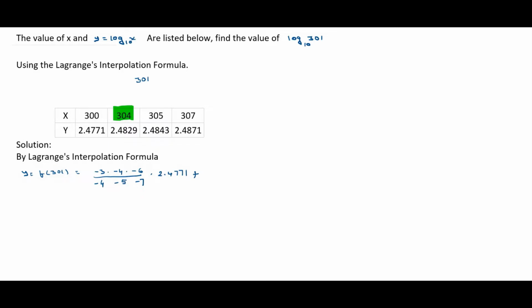And then write down directly, 301 minus 300, we get 1, 301 minus 305 is equal to minus 4, into 301 minus 307 is equal to minus 6, divided by 304 minus 300, you will get 4, into 304 minus 305 is minus 1, and 304 minus 307 is equal to minus 3.